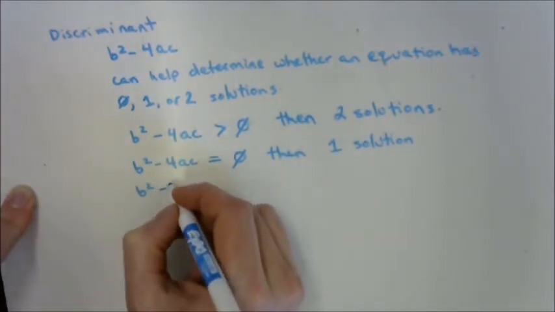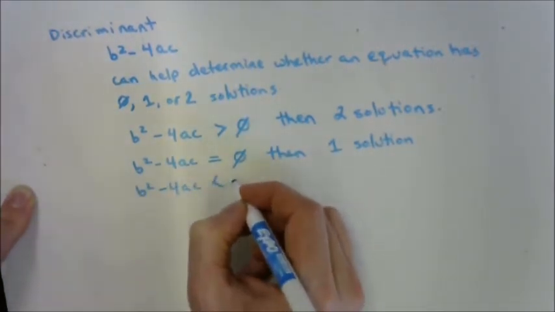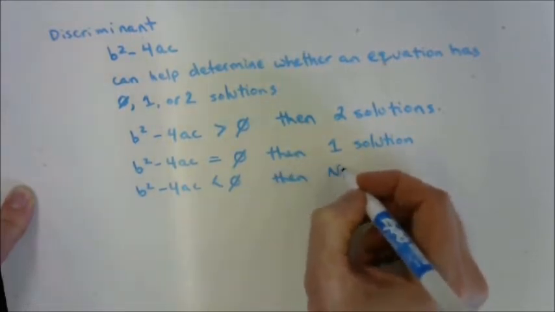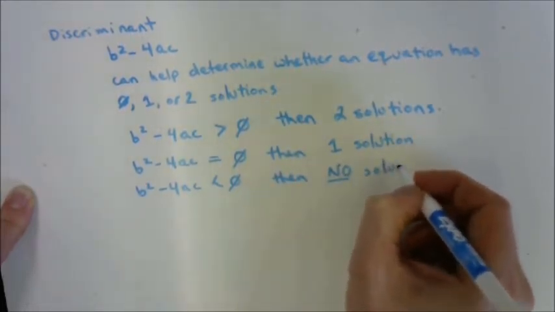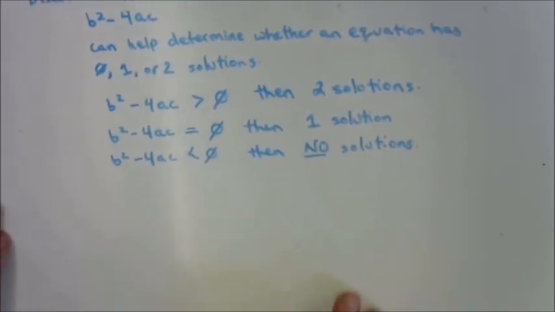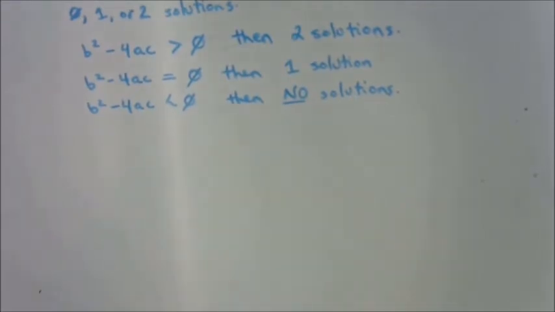If b squared minus 4ac is less than 0, if it's a negative number, then no solution. So in example 4, you're just asked to use the discriminant to determine the number of solutions. And we'll leave that little chart up there for us.